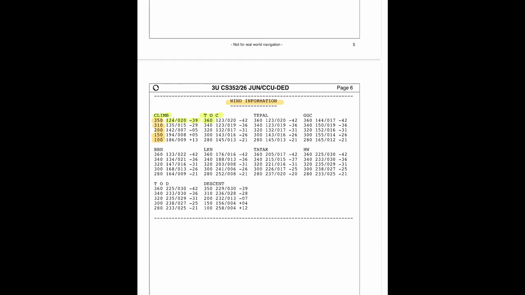So the wind will be coming from 123 degrees and the speed of wind will be 20 knots, the air temperature will be minus 42. So like that, actually, we'll be having flight levels, then the wind direction slash the wind speed, and they will be having the temperature. So like this you can read this chart.